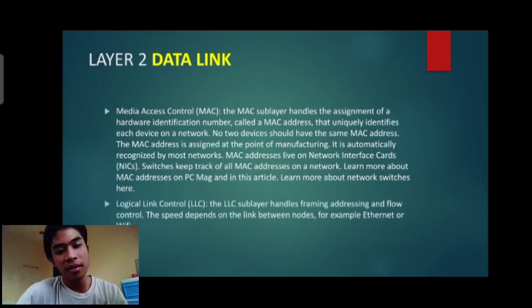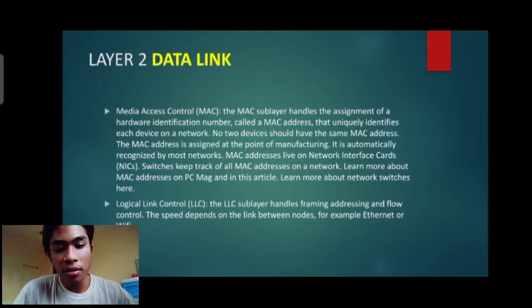Well, the MAC address cannot change. Every device has its own unique MAC address. On the other hand, the IP address is the one that can be changed. So one of the differences: MAC address cannot be changed. It is permanent on each device, and the IP address is the one that can be changed.